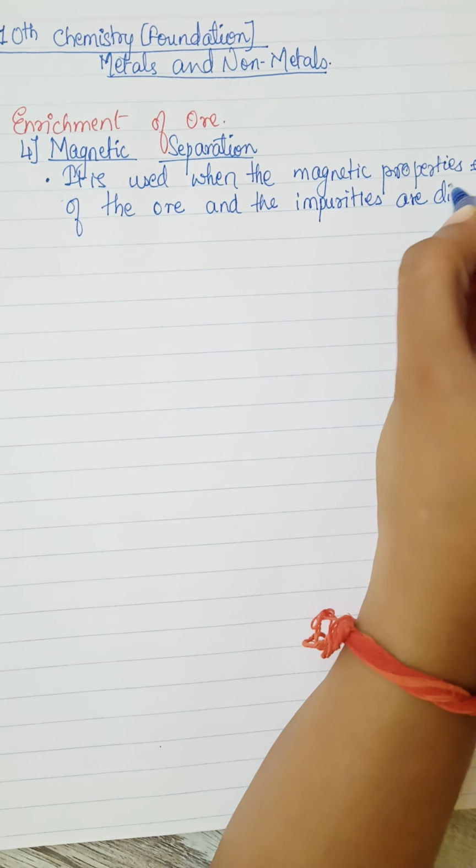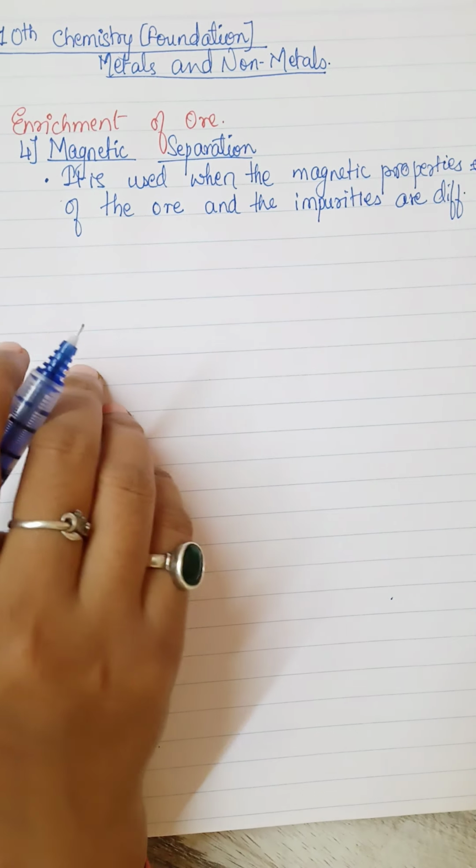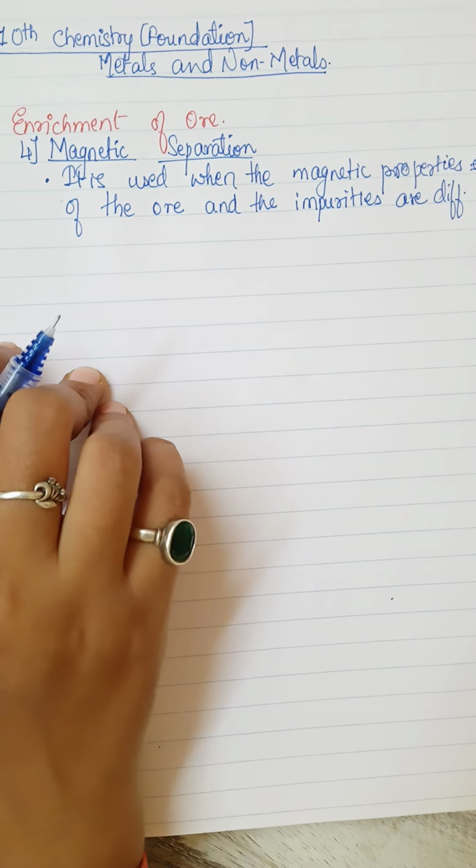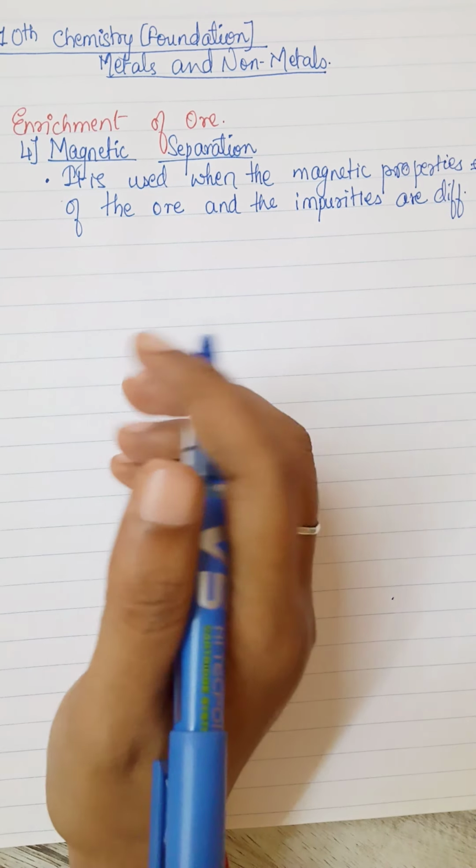Definitely when they are different, only then will we be able to use this magnetic property, otherwise how could we?